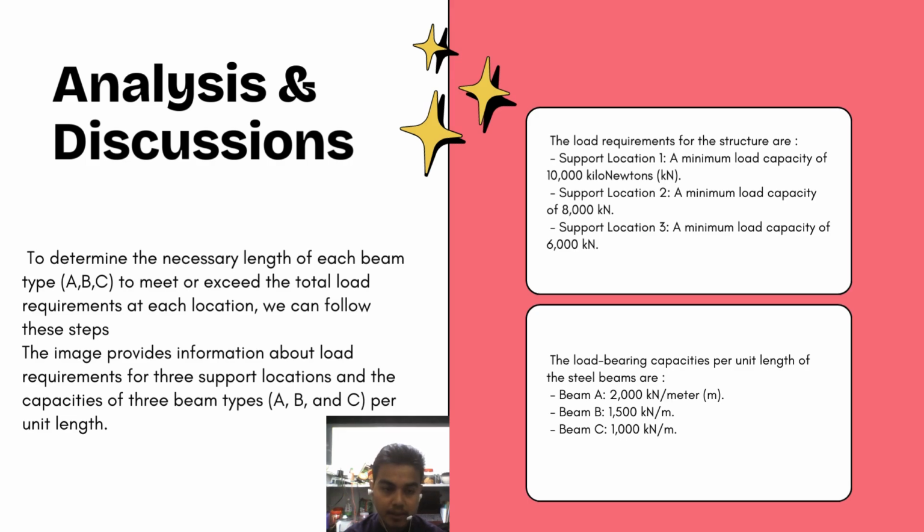The second one is the load bearing capacities per unit length of the steel beams: beam A 2000 kilonewton per meter, beam B 1500 kilonewton per meter, and beam C 1000 kilonewton per meter. That's it for me. Bye.